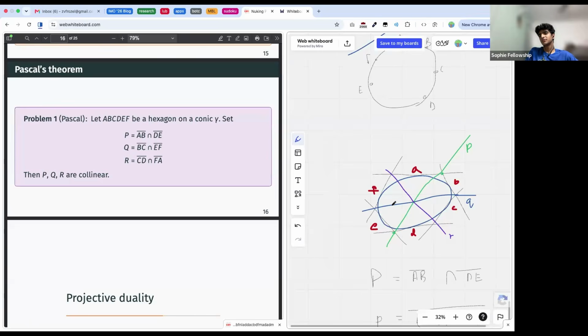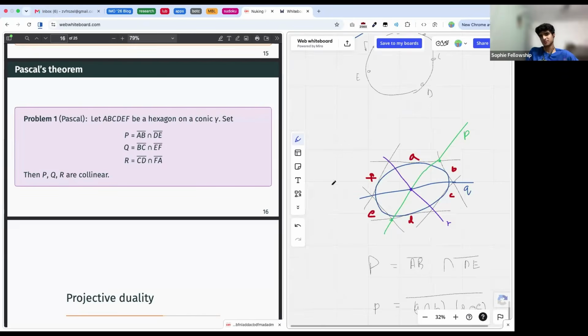And because of this, the whole new statement actually has a much cleaner way of phrasing it. Now we've done the duality stuff, so we can just define these points as capital A, capital B, all the way to capital F. And now the statement just says that if ABCDEF is a hexagon with an inconic, then AD, BE, CF are concurrent.